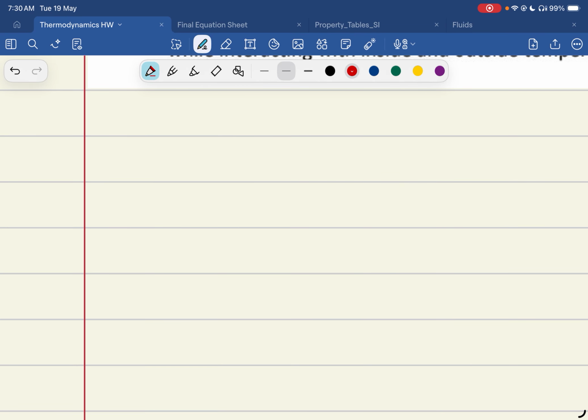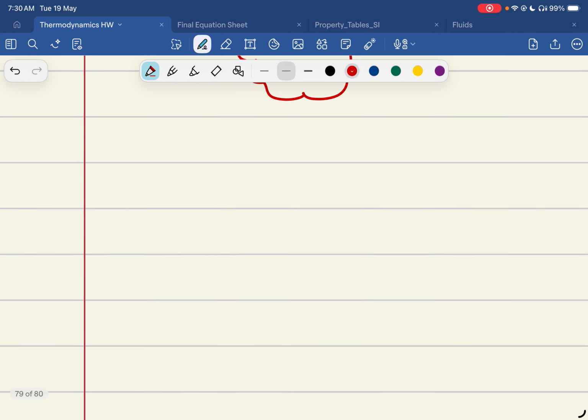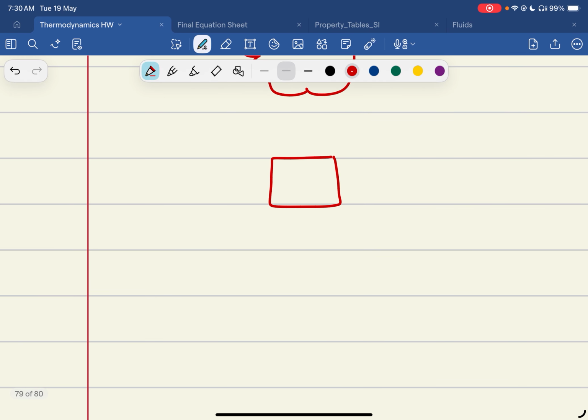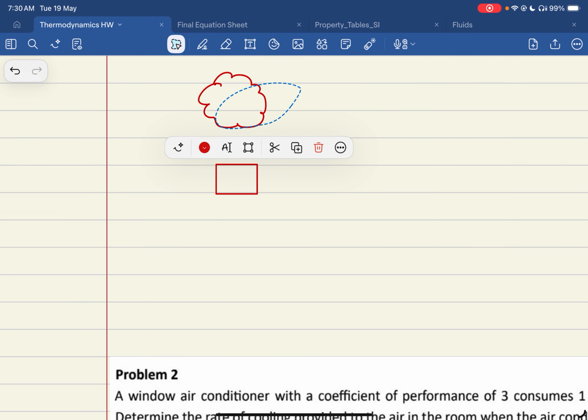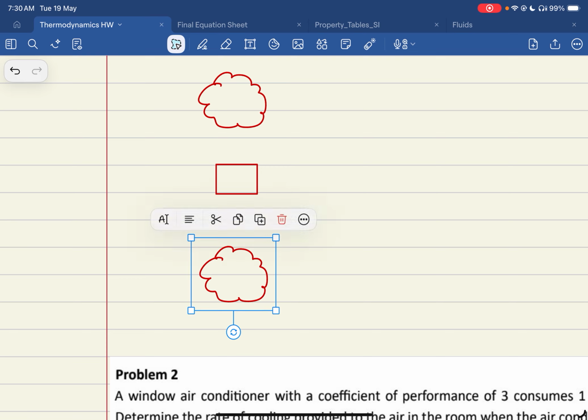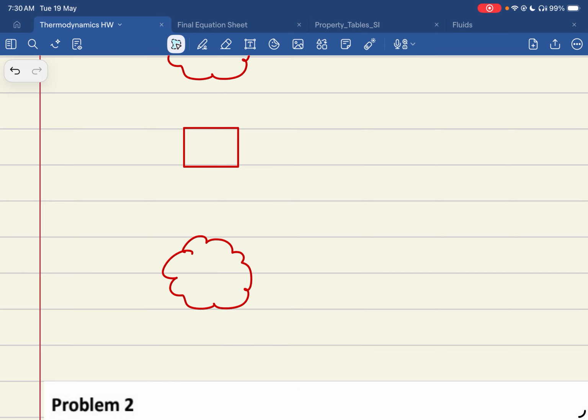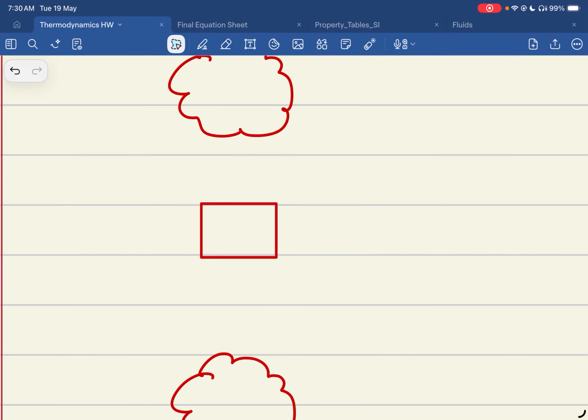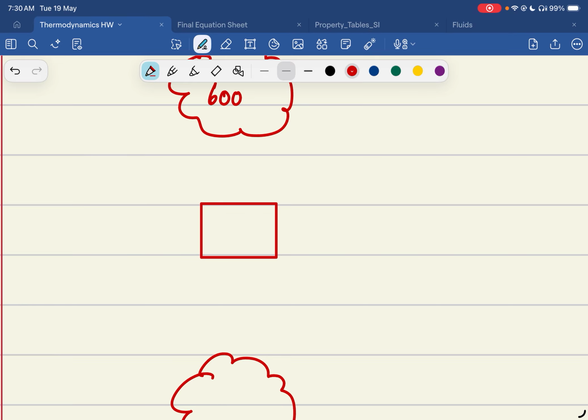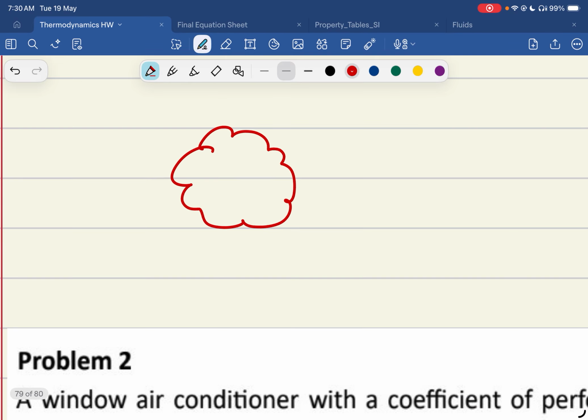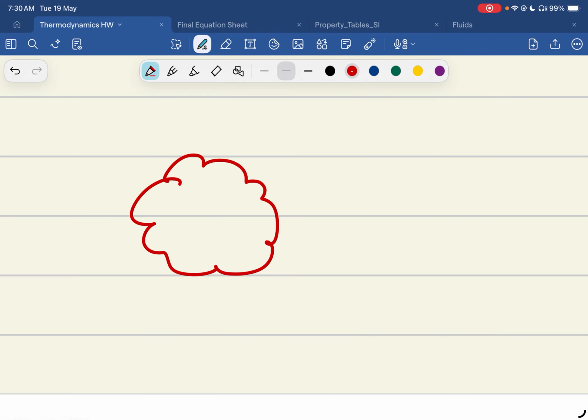So we can just do the cloud thing that they probably teach you in class, and here is our system. Let me just copy this. We say that this is the high, so this is 600, and this is the low, and it was 20.